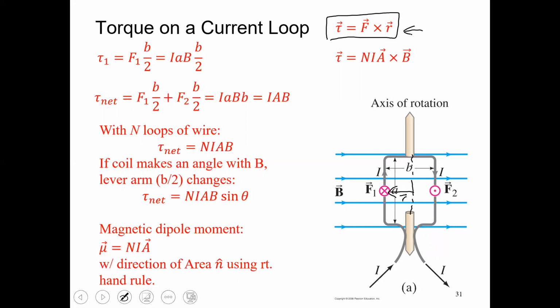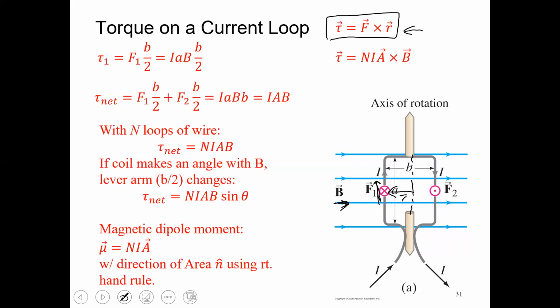So if we've got a current that's moving up on this left-hand side of this current loop, take your right hand, that current in a magnetic field, so I is the direction we point our fingers. We want to rotate our hand around so that our fingers naturally bend in the direction of B here.